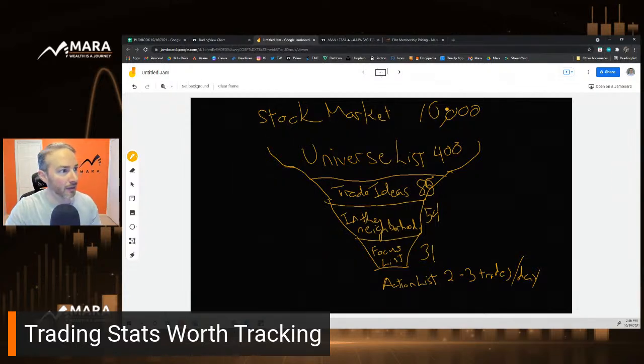Entire universe of stocks, the 10,000, then having a set criteria for what you're interested in. So it's not going to change day to day, week to week. Perhaps it evolves over time, but general fit criteria, right? For me, I like to look at certain fundamental criteria, certain technical criteria that it must meet to get into here.